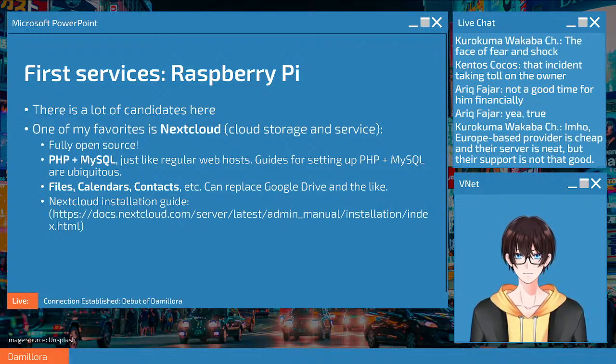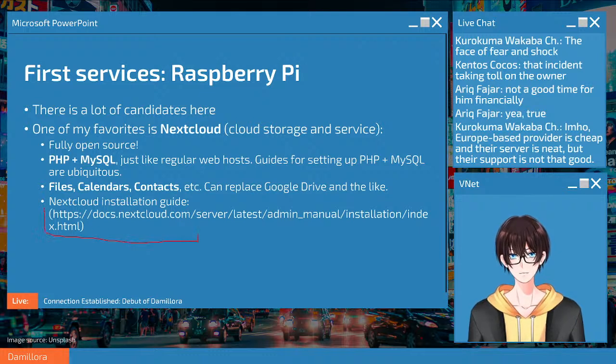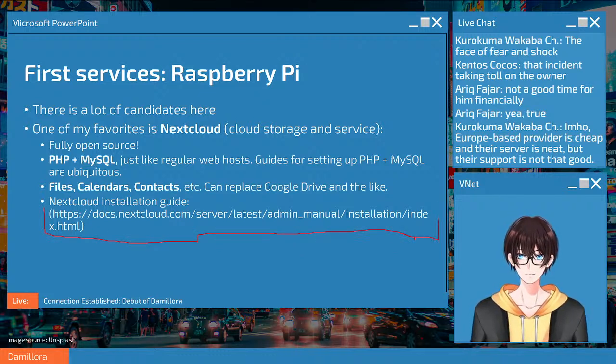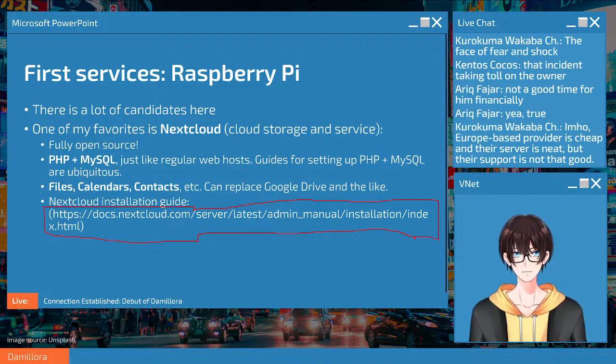And okay, I linked the Nextcloud installation guide here. It's a pretty involved one, but I think basic server administration is enough. You just need to be able to read this.